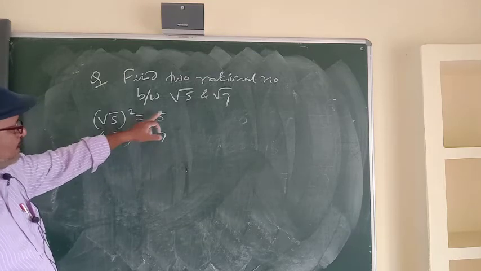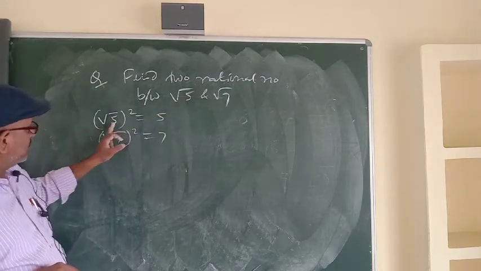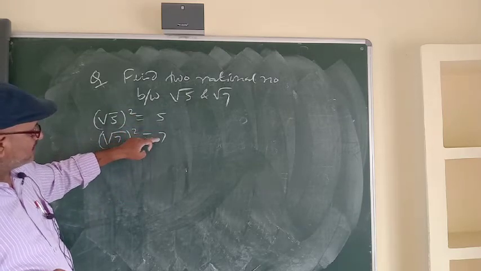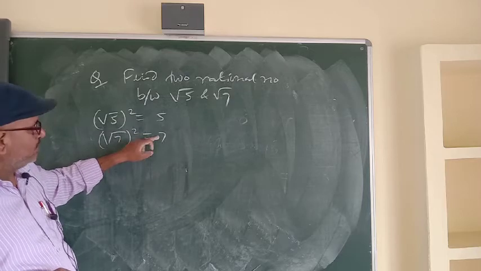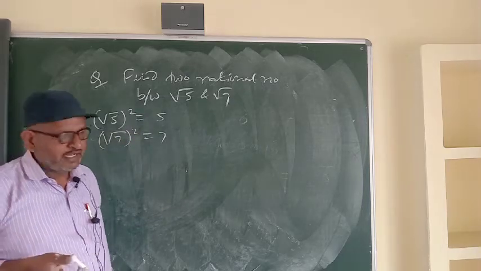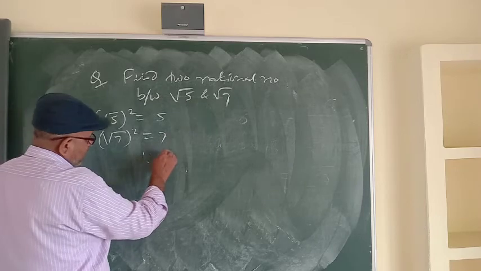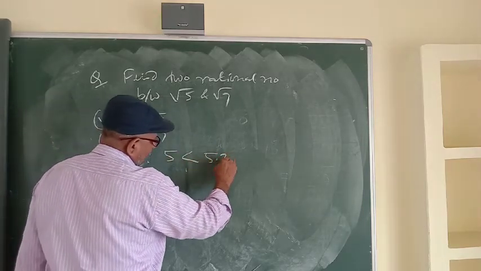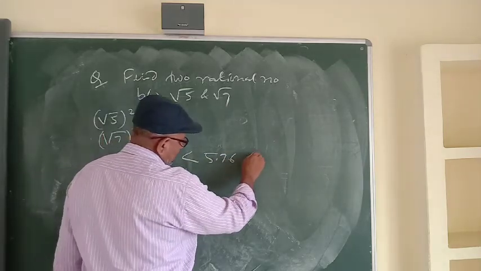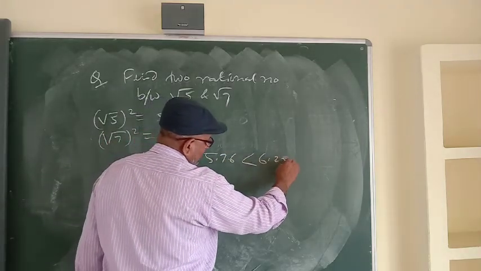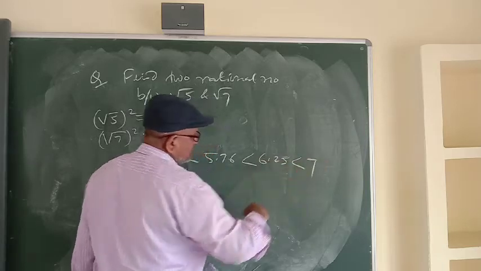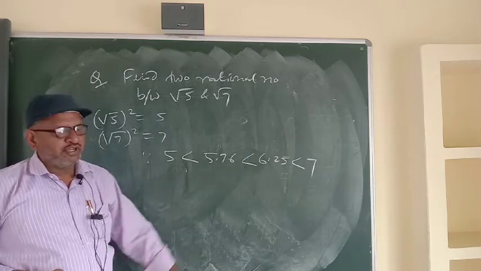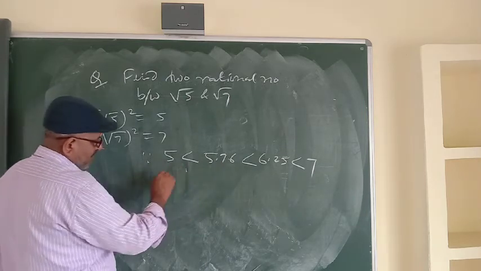Listen again. Firstly, take the square of both the numbers: root 5 squared is 5, root 7 squared is 7. Now we take two such numbers between 5 and 7 whose square root can be taken. So we can take 5 less than 5.76, and 5.76 less than 6.25, less than 7. Now take the square root.